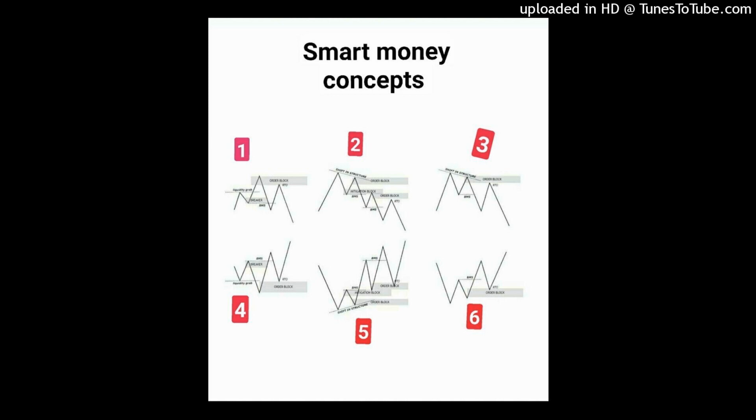If you don't need to, say for example, if this gives you a 5 pip stop loss from here to that wick, then use that, so you are in the trade and the trade actually triggers. Again, it's up to you how big you want your max stop loss. For me, it's 5 pips.